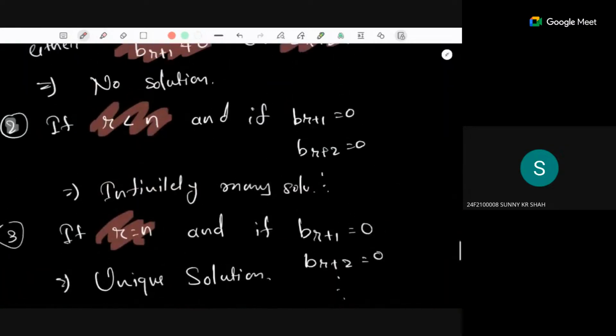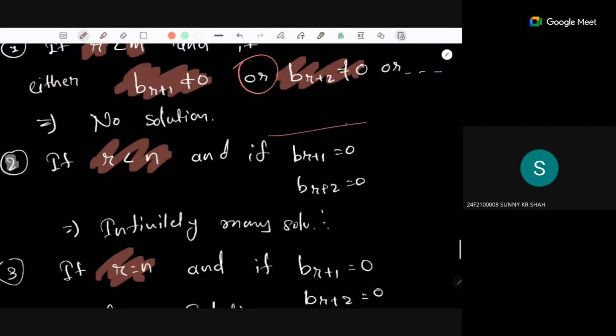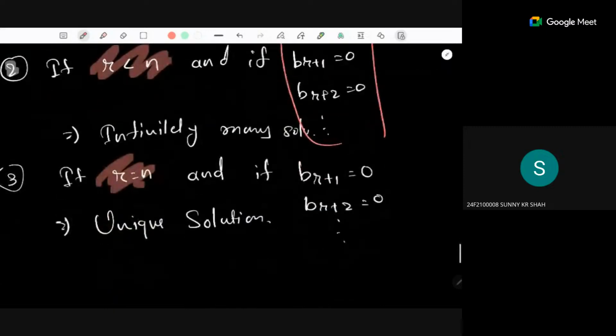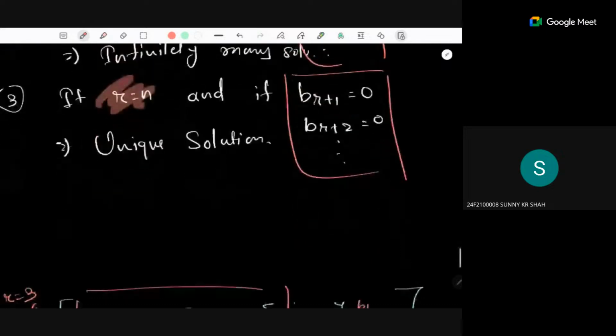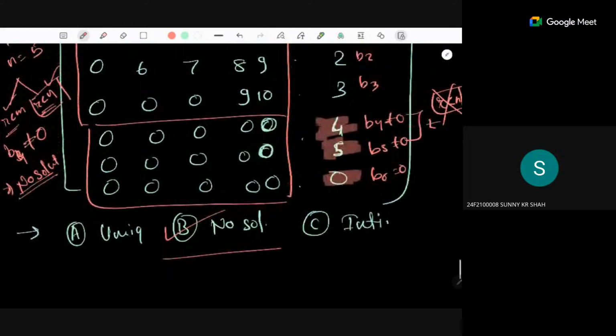In the first case I have written OR, but here we need all of them to be equal to 0. In both cases we need all constants related to zero rows to be equal to 0. But here there are two constants which are not equal to 0, so that means the system will have no solution. Okay, is this question clear?